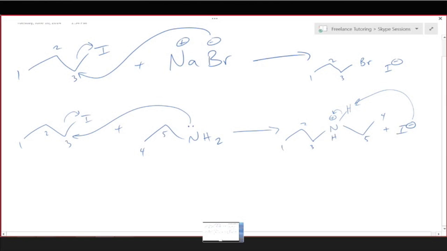That's excellent. Now, what role is the iodide playing? Base. Good. Is it strong or weak? It is a weak base. So will this reaction really happen?